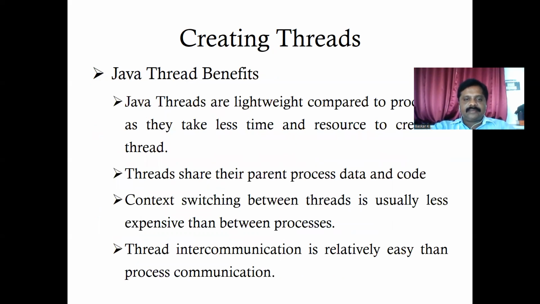Java thread benefits: Java threads are lightweight compared to processes, as they take less time and resources to create. Threads share their parent process data and code. Context switching between threads is usually less expensive than between processes. Thread intercommunication is relatively easier than process communication.